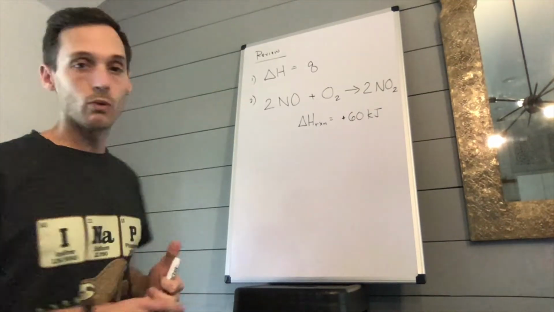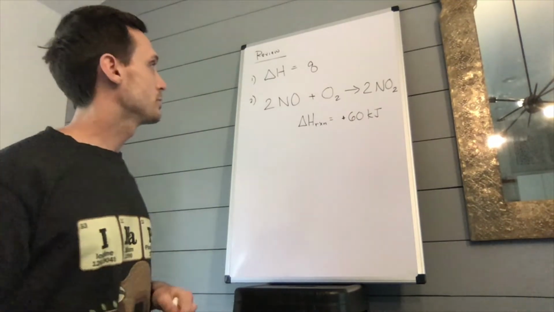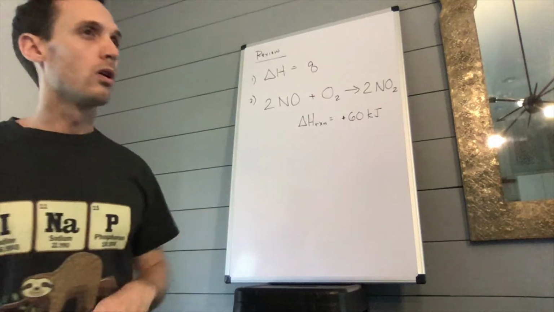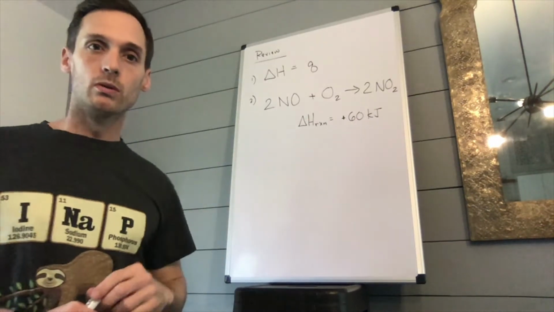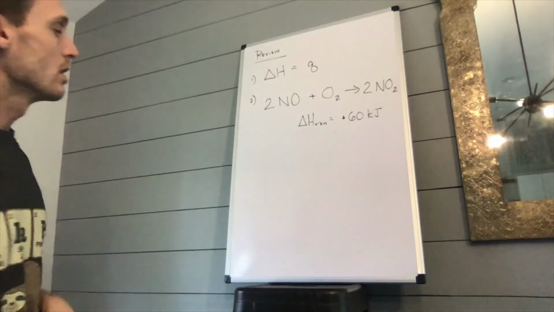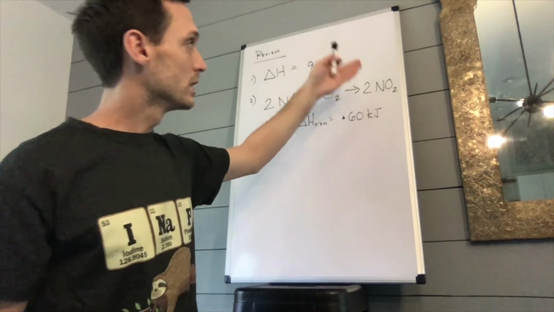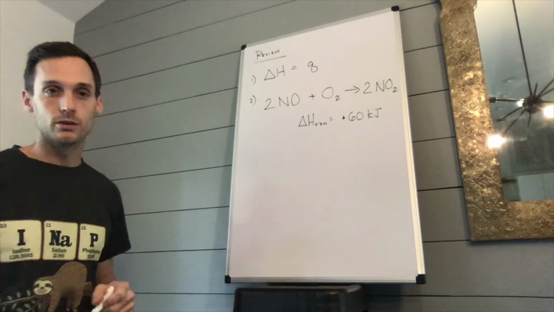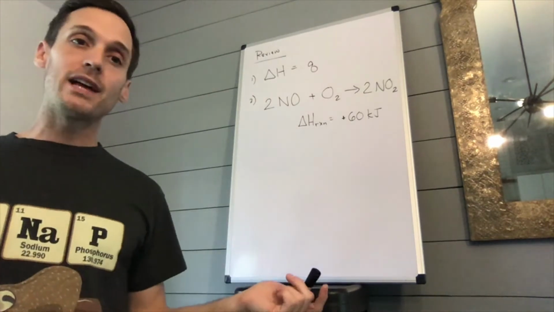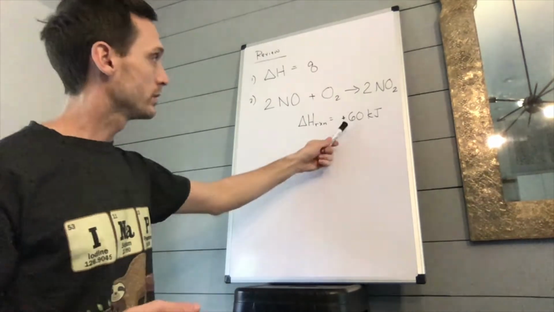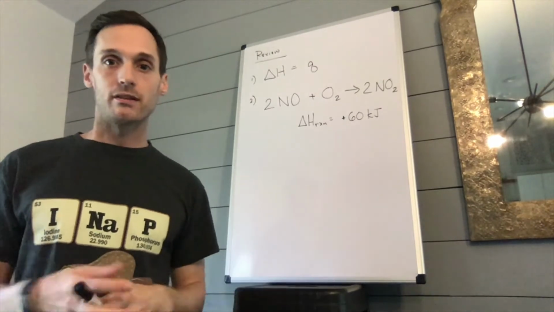Let's say we wanted to produce only 1 mole of NO2. Well, this 60 kilojoules is with respect to 2 moles of NO2. If we only want half of that, 1 mole, you would only require half the amount of energy.